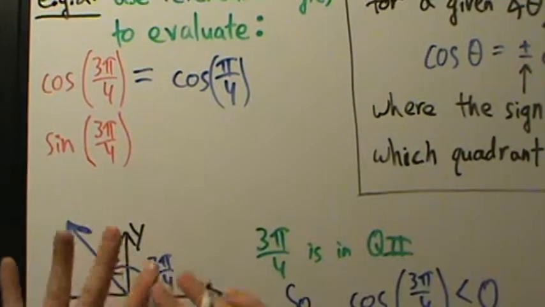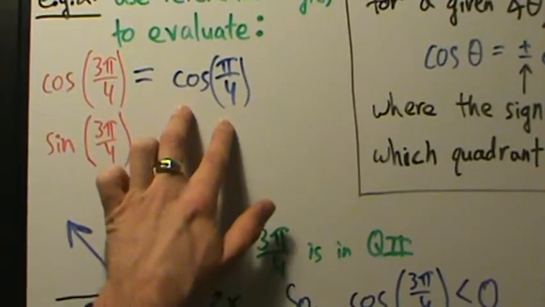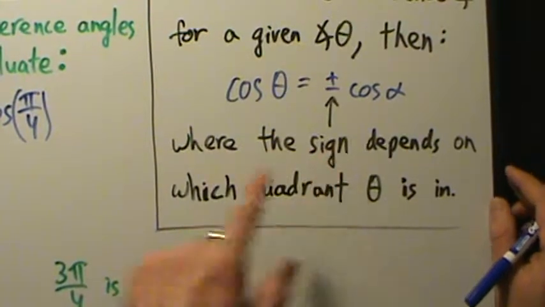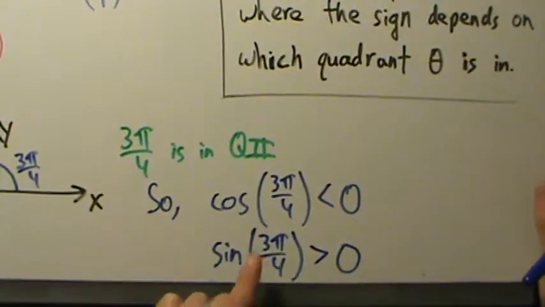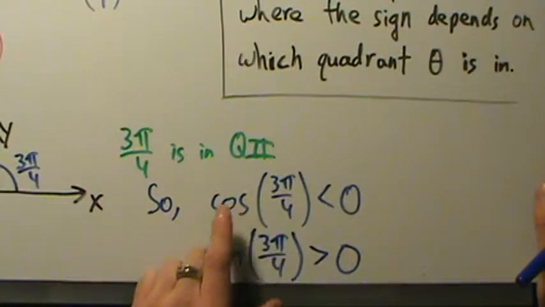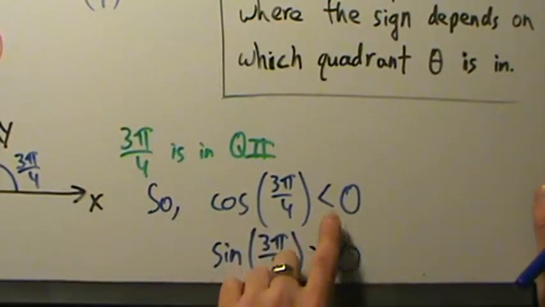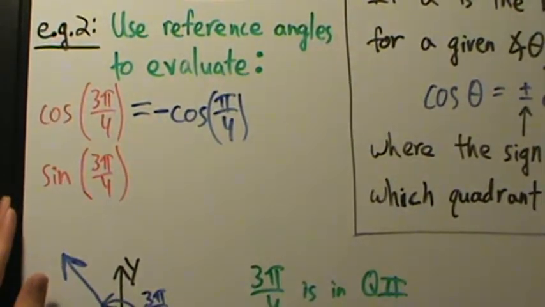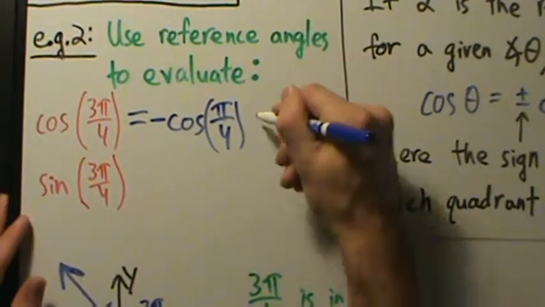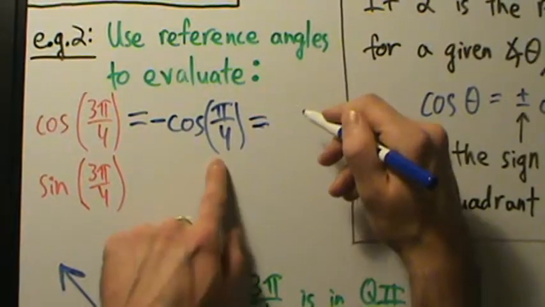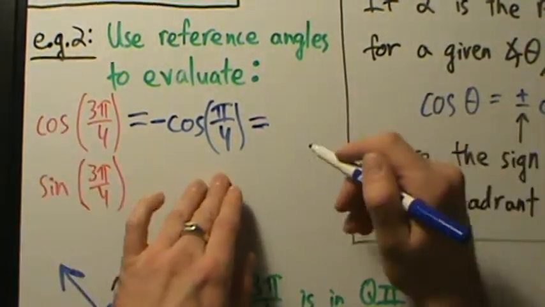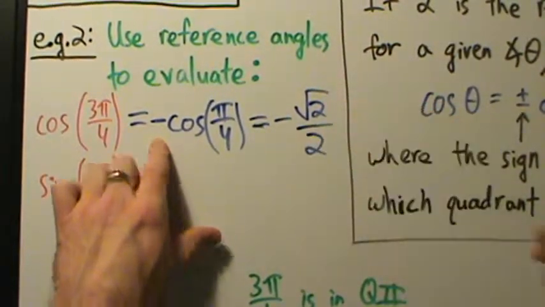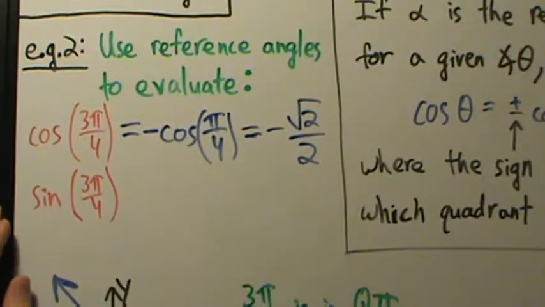But it's not exactly cosine of pi over 4, because we have to consider the sign, and since 3 pi over 4 is in quadrant 2, the cosine of 3 pi over 4 is negative. So we have to put a minus sign over here. That's how that works with reference angles. Cosine of pi over 4 is root 2 over 2, or you could say 1 over root 2 if you were one of my students, that's fine. But this will just say negative root 2 over 2 in case you have to rationalize the denominator. So that's our answer for that one.